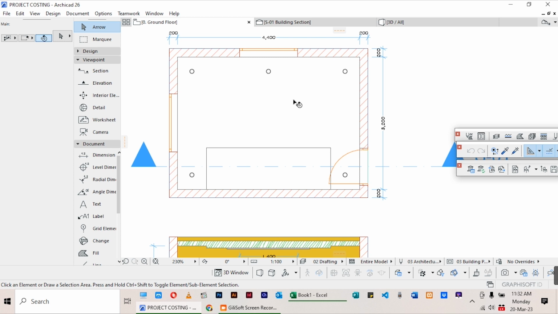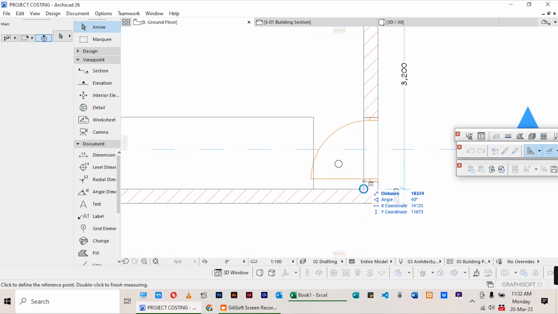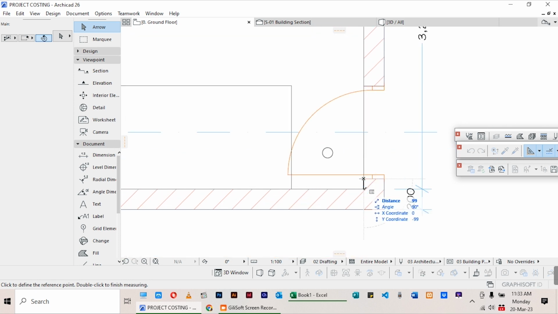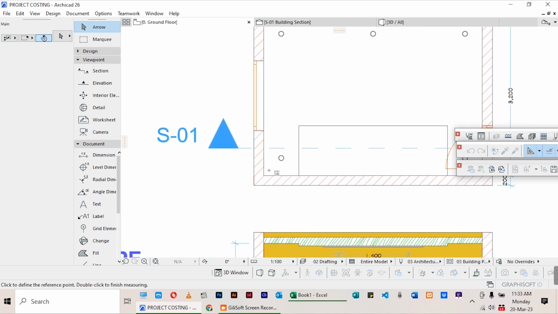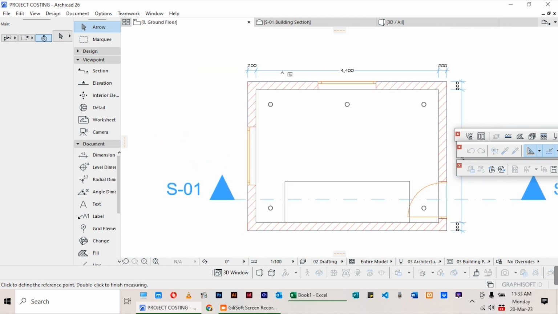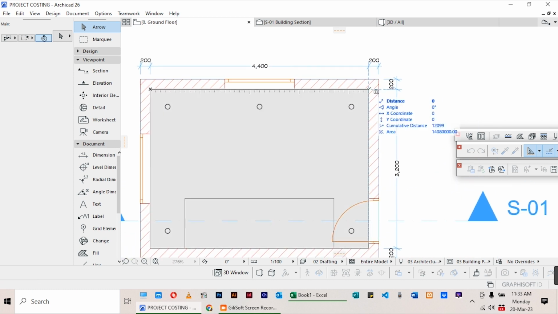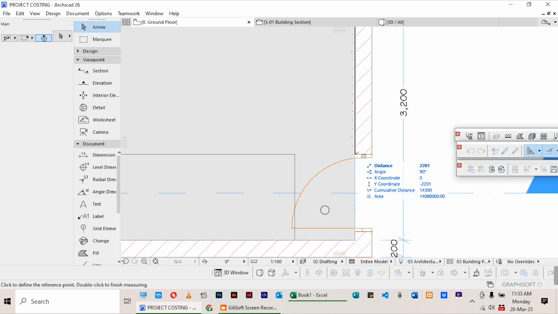Go back. Remember, the floor has a skirting, so you need to take the cumulative distance of the walls. So I'll start from this corner. Remember, where the door is, you don't put in the skirting. Just go around, click, up to here. And you can see from our cumulative distance, this is in millimeters.